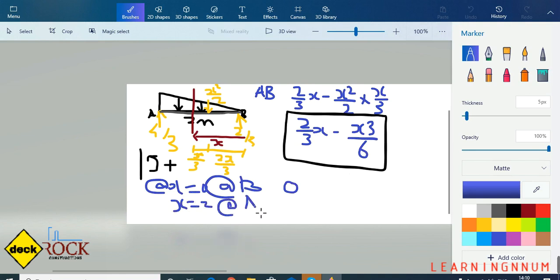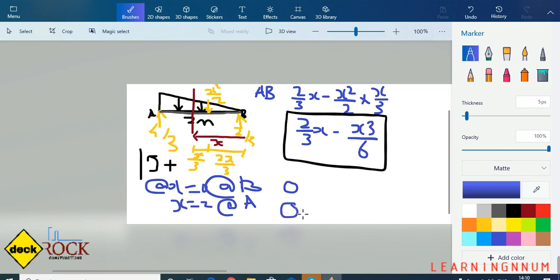Put x value 2. 4 by 3 minus 8 by 6. So 8 by 6 is again 4 by 3. So 4 by 3 minus 4 by 3 is again 0. So now we got bending moment at A and B as 0.